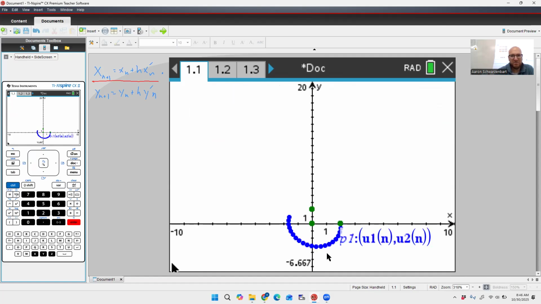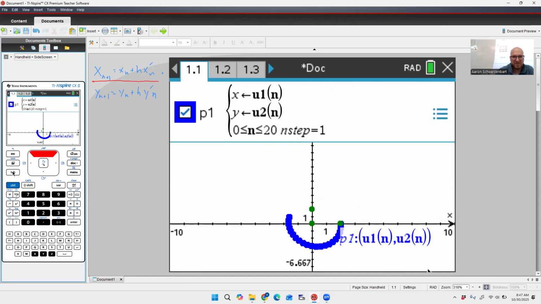And check out our wonderful phase portrait. I should probably keep going past 20. I think it looks like this is probably curling into 0. Let's see what happens if I go to like 100. So I'm going to press tab. I'm just going to change this.